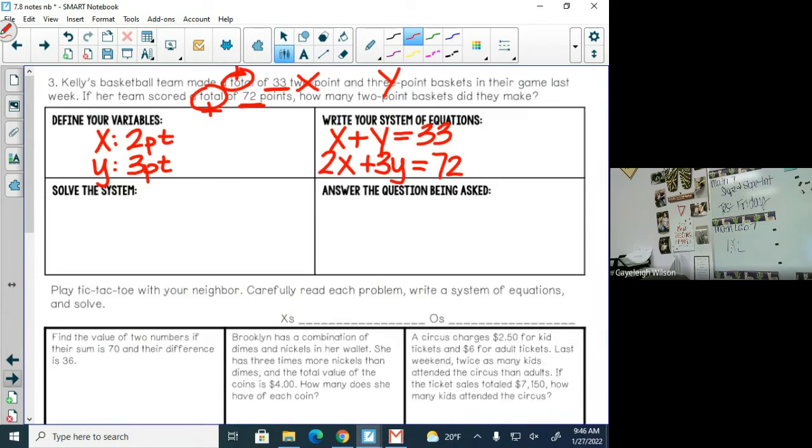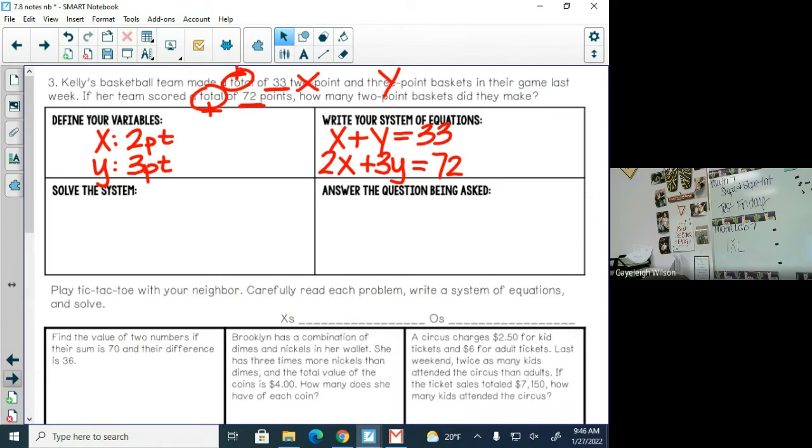I would do elimination. You can eliminate x or y.